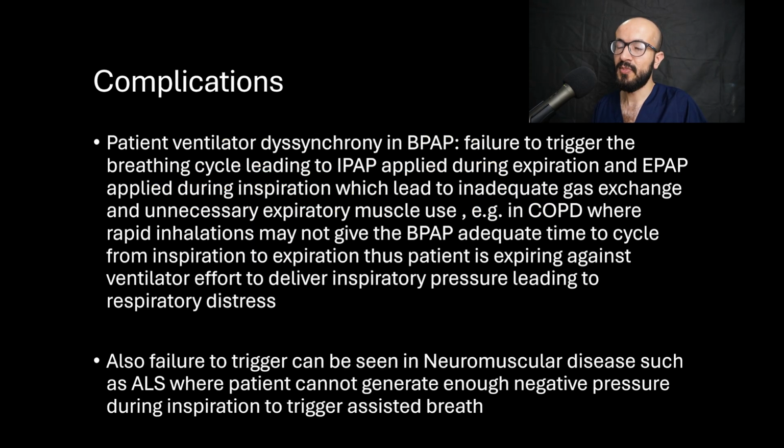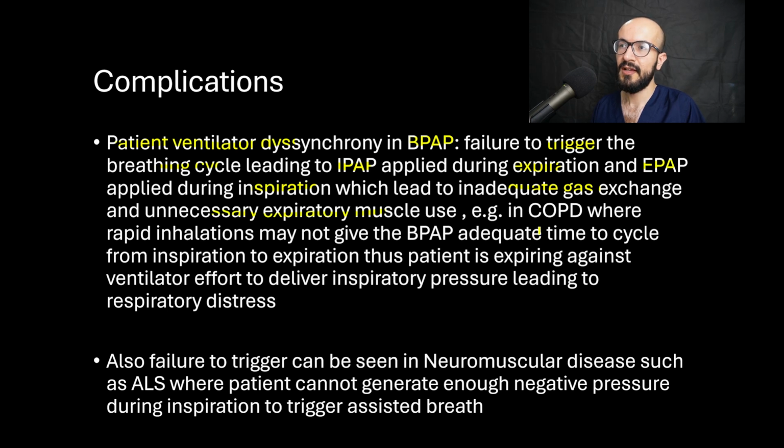Now complications specific to the bi-level positive airway pressure ventilation include patient-ventilator dyssynchrony, and this means failure to trigger the breathing cycle, leading to the inspiratory positive airway pressure applied during expiration and the expiratory pressure applied during inspiration. This would lead to inadequate gas exchange and unnecessary expiratory muscle use.